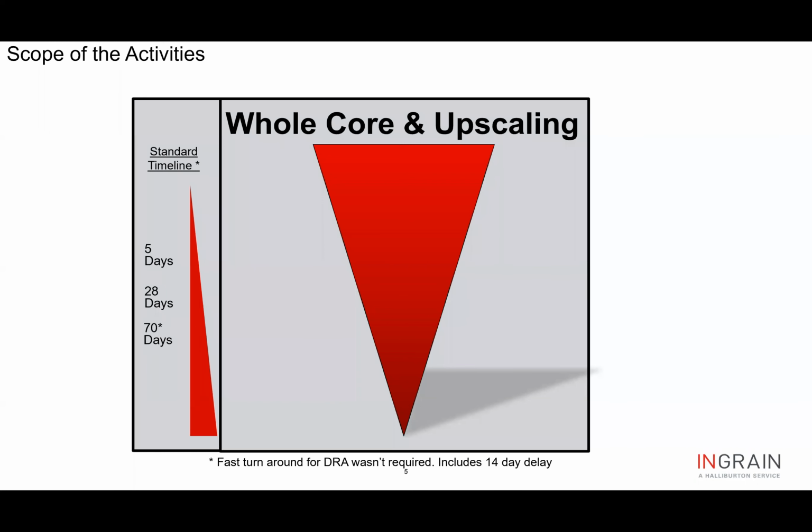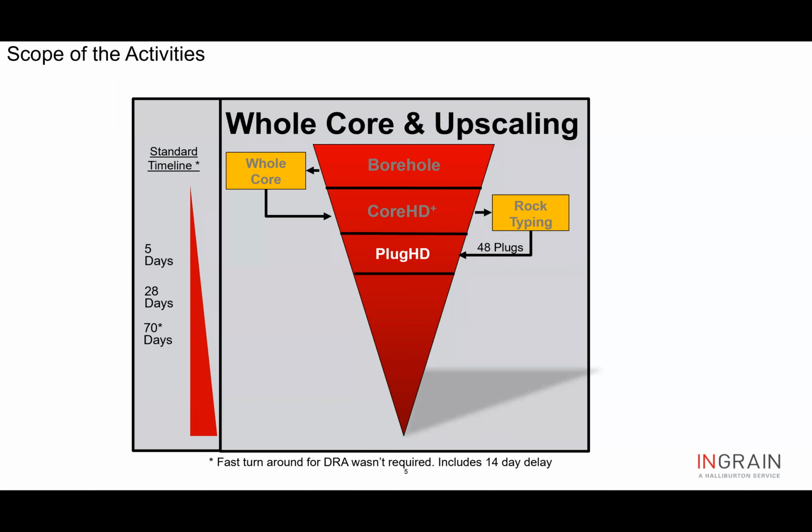So we are dealing with multiple scales, right? When you talk about the whole core, it is in meters or feet, and from there, we scan the whole core and understand all the heterogeneity and the properties, and based on that, we decide where we can pick some plugs for further analysis. Those plugs are generally either an inch or an inch and a half in diameter, maybe 2 inch or 2.5 inch in length.